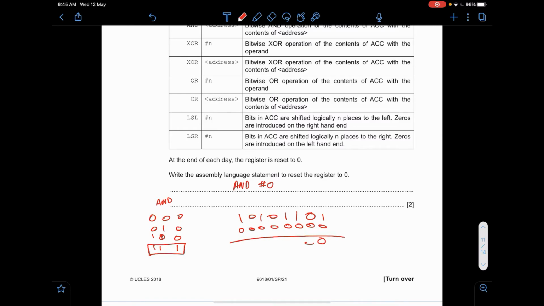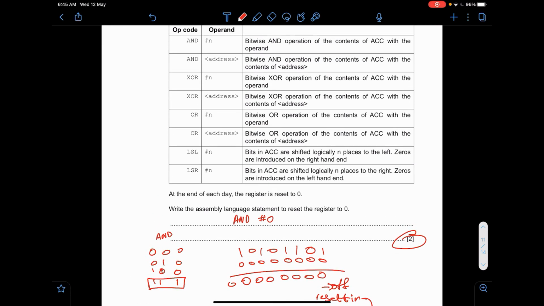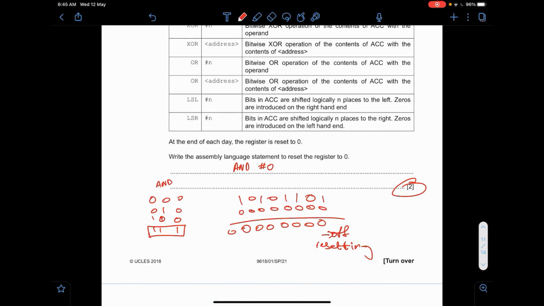It's going to turn the whole of your register off. So it is resetting your register for the day. You're performing a bitwise AND operation of the contents with the operand, and you're doing it with the number 0.